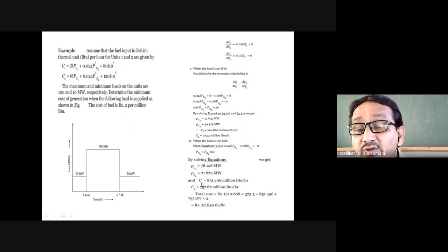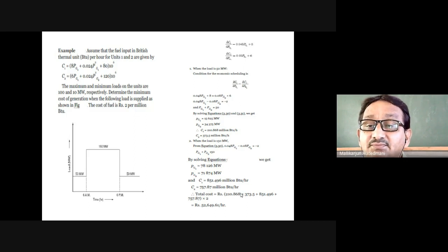So I have units of C1, C2 as million BTU per hour. So million BTU per hour per million BTU, it costs you 2 rupee. Then if I multiply this totally by value of 2, it will give me rupees per hour. So I have just mapped this and I have taken it is 52,649.61 rupees per hour. That is the production cost of this requirement.